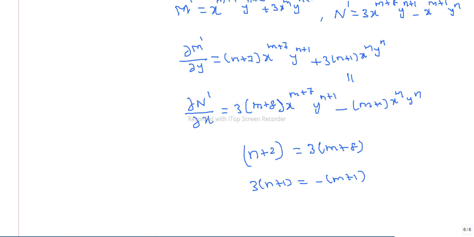If you simplify, from the first equation we have n plus 2 equal to 3m plus 24. You can cancel these two, and we get 22. Therefore n equal to 3m plus 22, that is one equation.